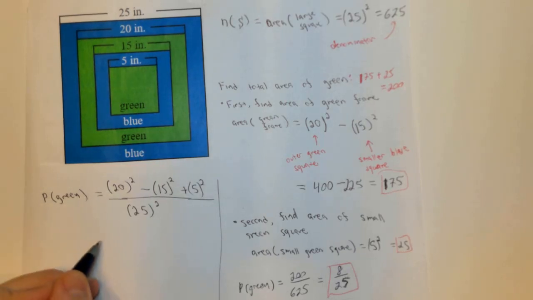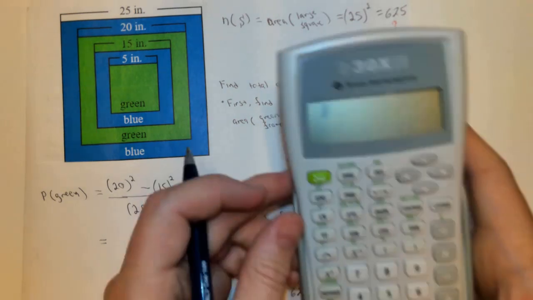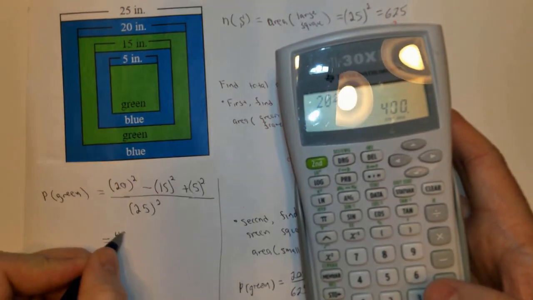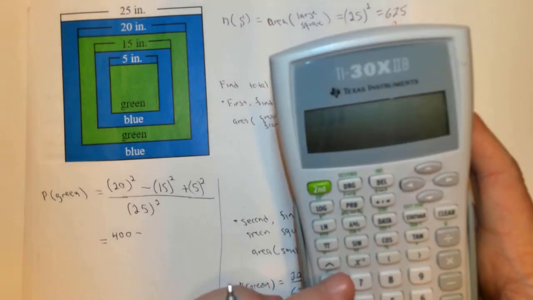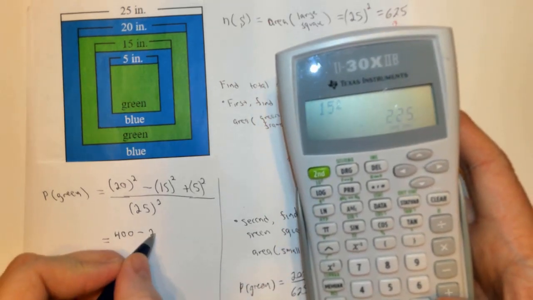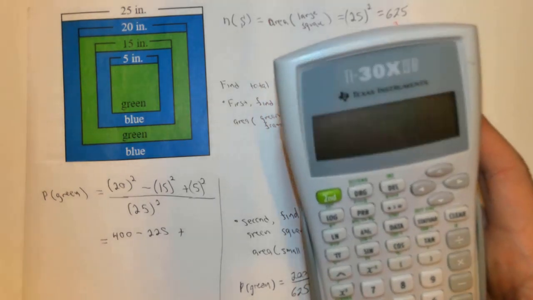And so that's a bit of a shortcut on this one. So 20 squared is 400. 15 squared is 225. You could probably actually do all of that denominator at once.